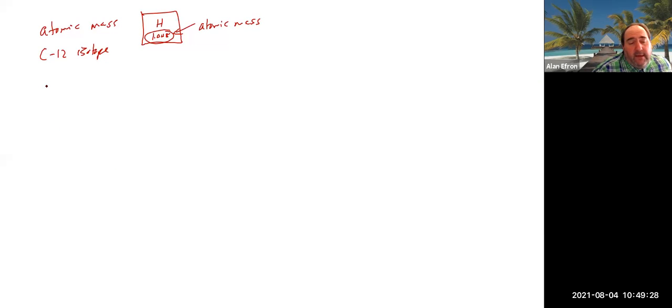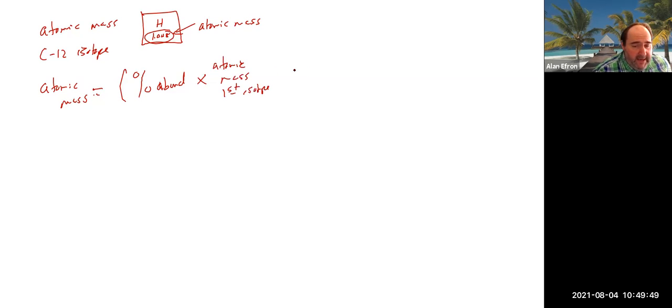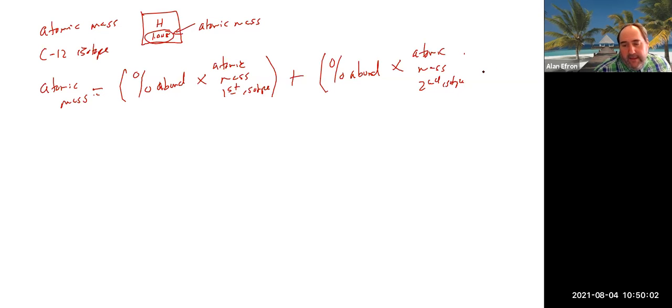And we could calculate the atomic mass by taking the percent abundance of the first isotope times the atomic mass of the first isotope, then add it to the percent abundance of the second isotope times the atomic mass of the second isotope, and then continue that pattern if you had 3 isotopes or 4 isotopes.